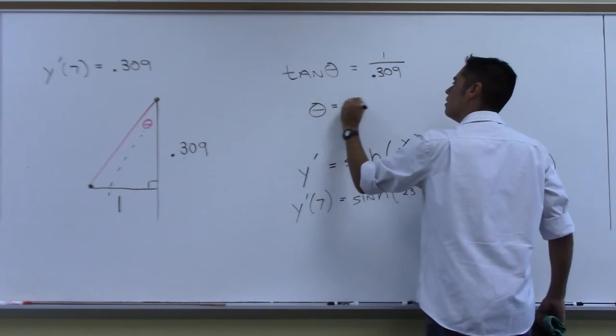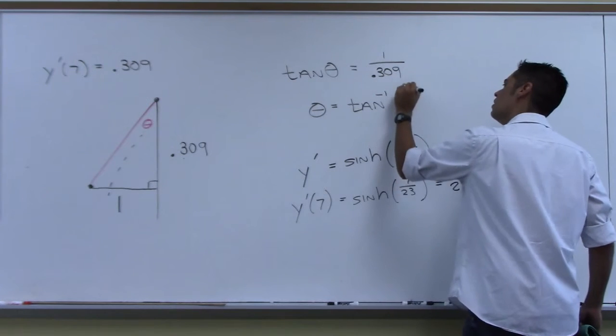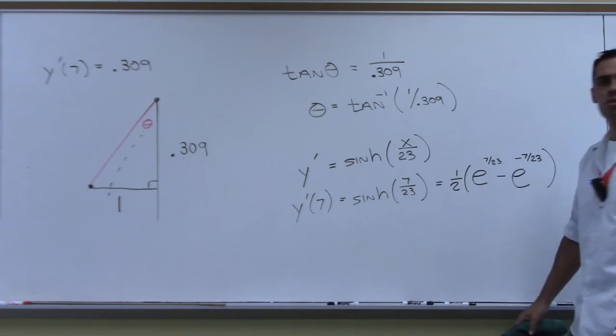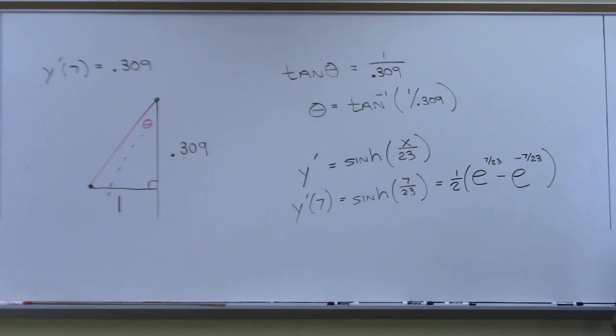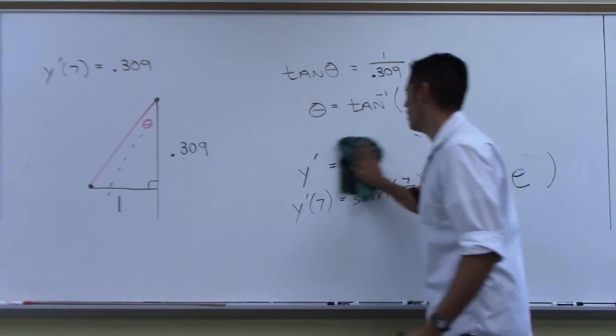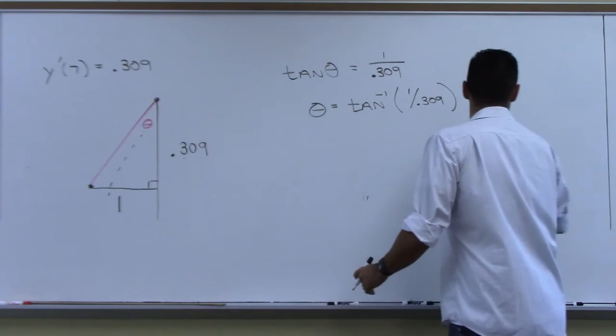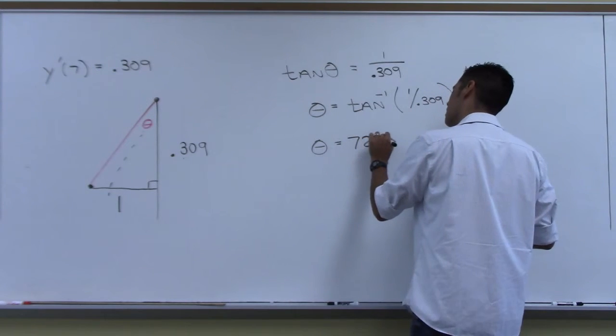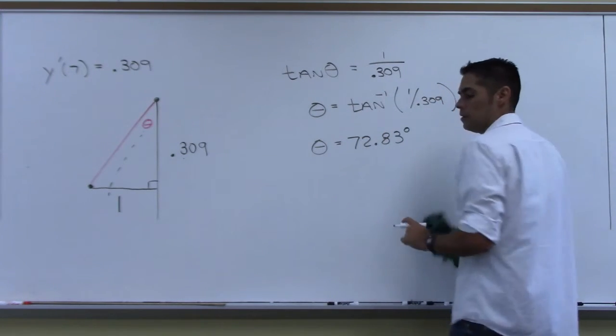Theta will be inverse tangent of 1 over 0.309. And then make sure you know whether or not you're in degrees or radians. What are you in your calculator? Give it to me in degrees, please. 72.83 degrees? Good enough.